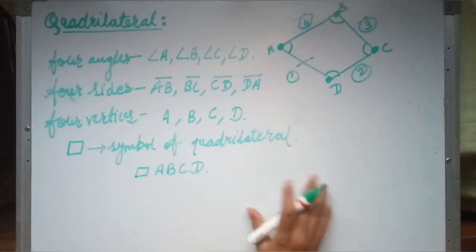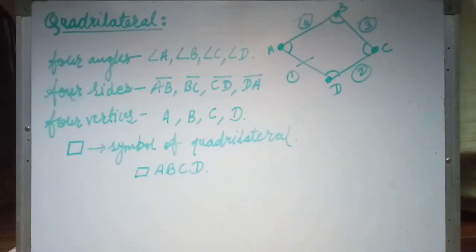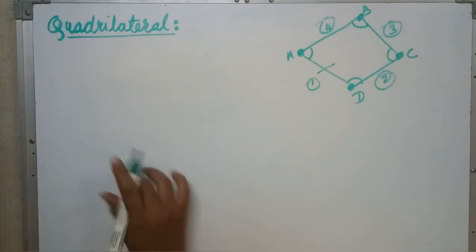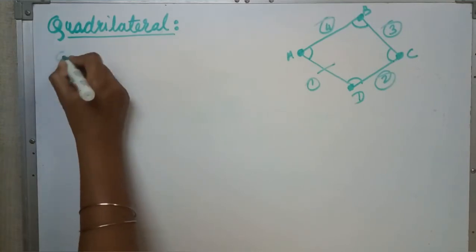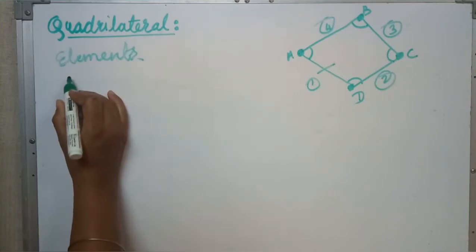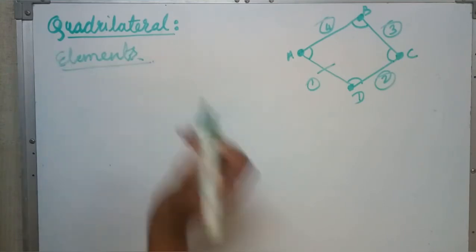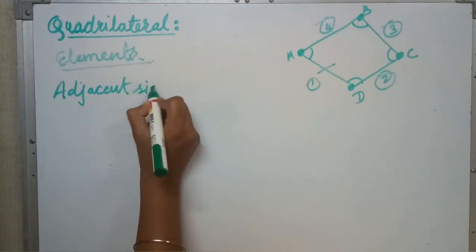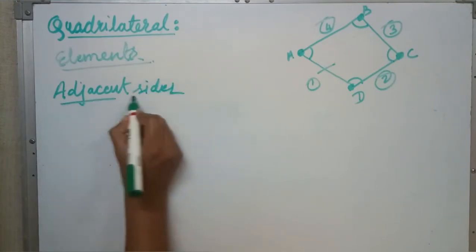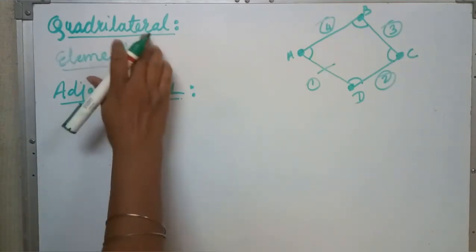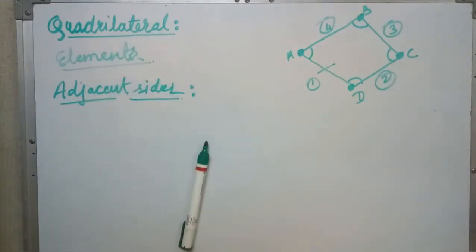Now this is all about the quadrilateral. Now, elements of a quadrilateral. Adjacent sides. Now what are adjacent sides of a quadrilateral?